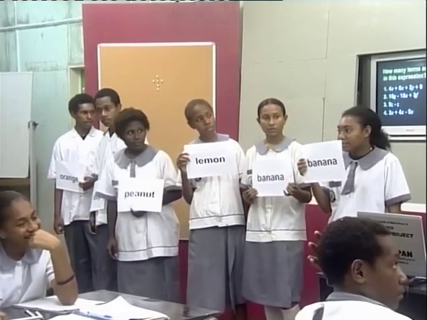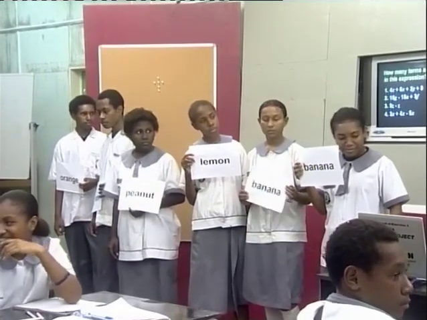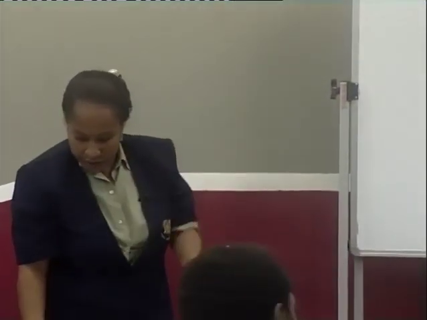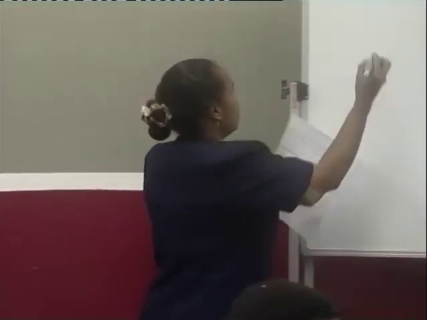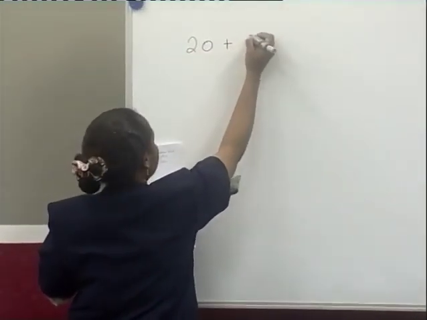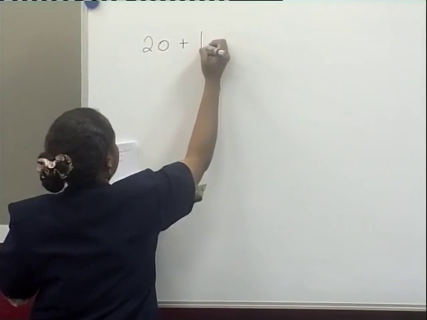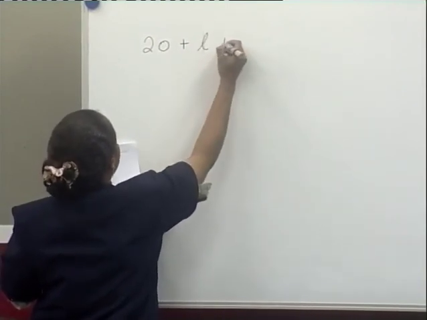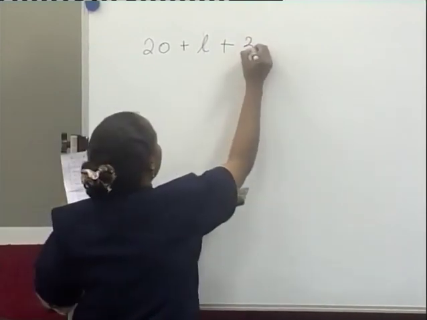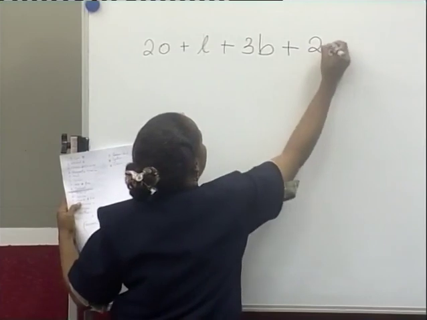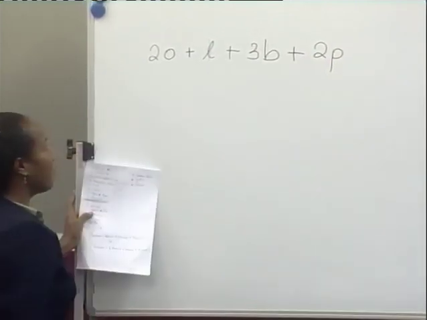Right, tell me how many oranges in group number 1? Let's begin by expanding. 2O plus 1 lemon. Did you get that? Plus 3B, did you get that? And 2P. Very good, that's for group number 1.